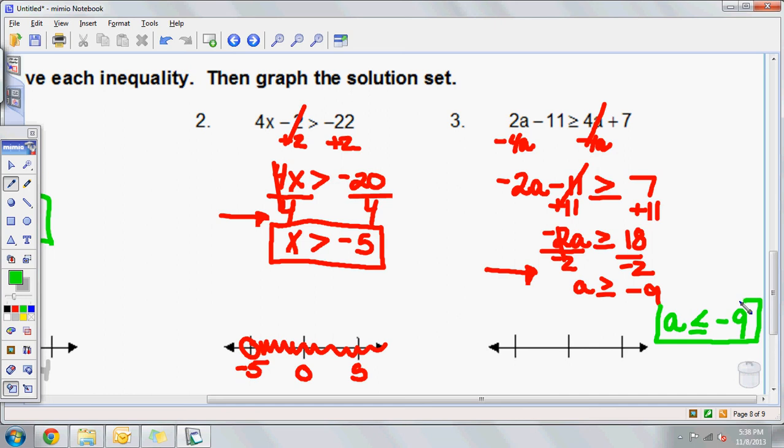This is just one of those math rules that we don't quite know why we have to do, but it's just in the rule books that that's the weird rule for inequalities. So you have your 0, positive 9, negative 9. It's going to be a closed circle this time at negative 9 because it could be equal to that. We're going to shade everything less than, so it would go that way.